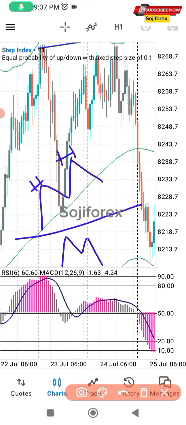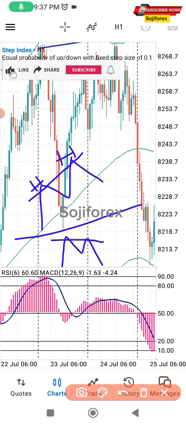So this lower high that the indicator window is making is what we refer to as divergence, which means a disagreement between the price action and the indicator window. And this sends a signal to us that a reversal is about to happen.